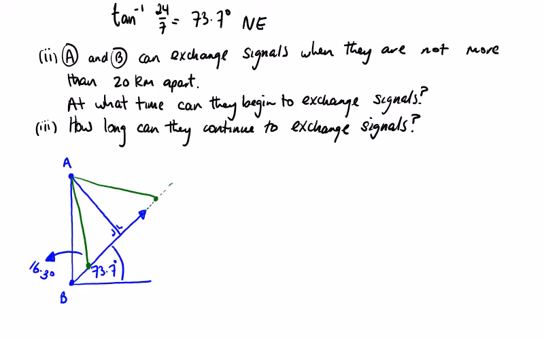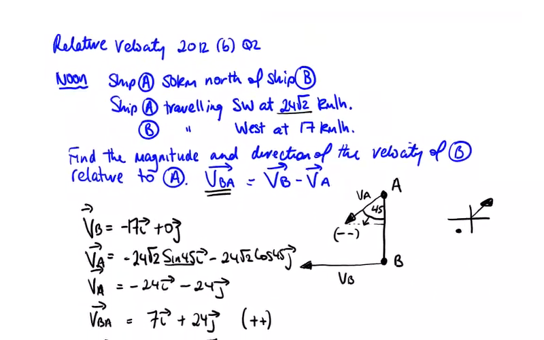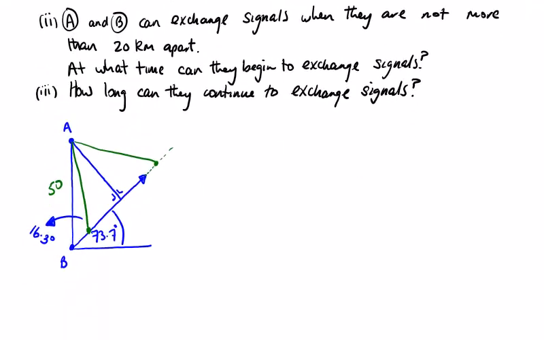So what have we got in here? We can definitely get out of this triangle, they were 50 kilometers apart. Let me just double check that. They were 50 kilometers apart.